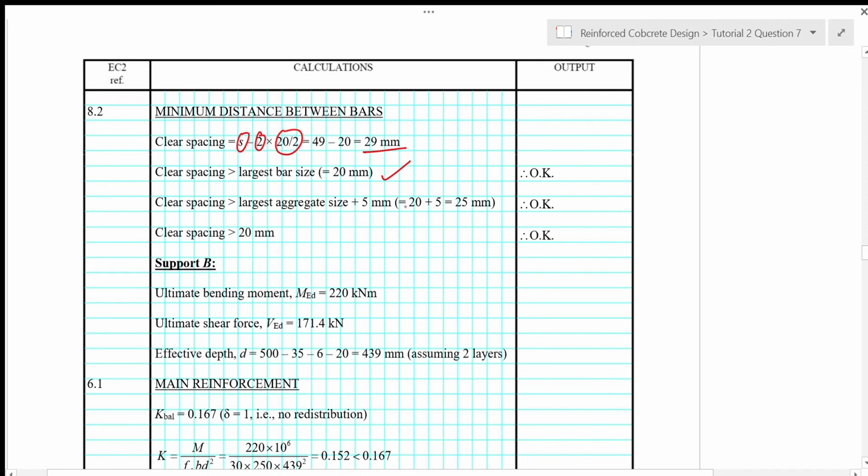So largest aggregate size plus 5 mm is 25 mm. So 29 mm is larger than 25 mm, so it's okay. And then the clear spacing must be larger than 20 mm, so this one is also satisfied. So all 3 requirements are satisfied for the minimum distance between bars.